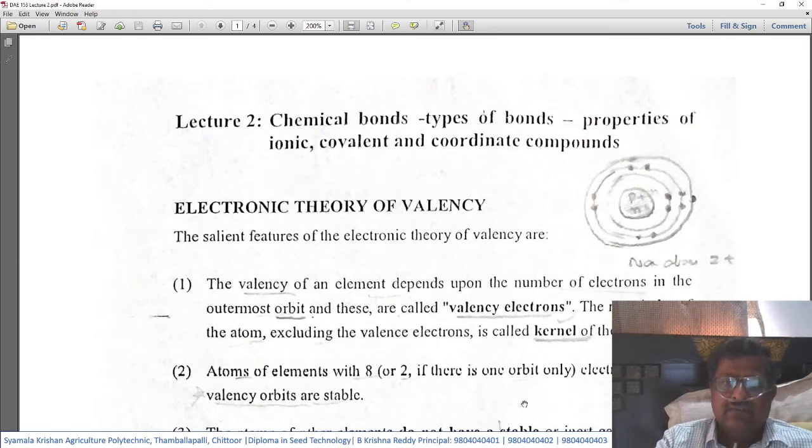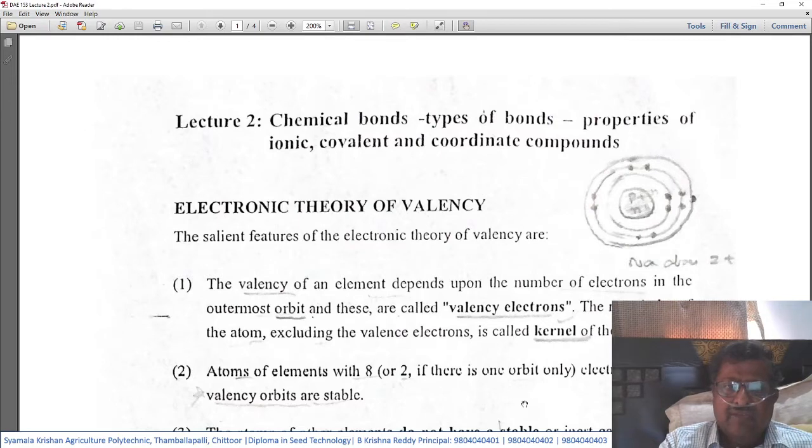This is called the valency electron. So the electrons present in the outermost orbit are called valence electrons, and the valency of sodium is denoted as 1, because in the outermost orbit there is only 1 electron.